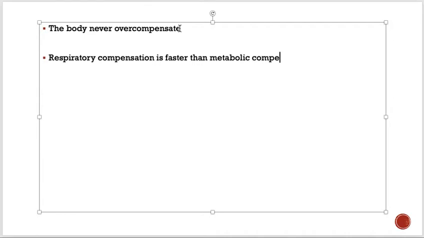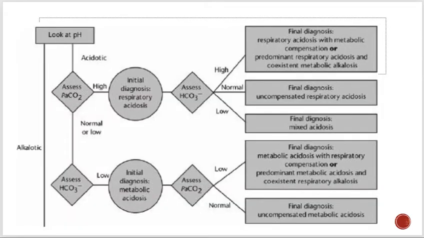For example, in acute metabolic acidosis, the lungs will hyperventilate, and the body will get rid of extra carbon dioxide, simply to move the pH toward normality.